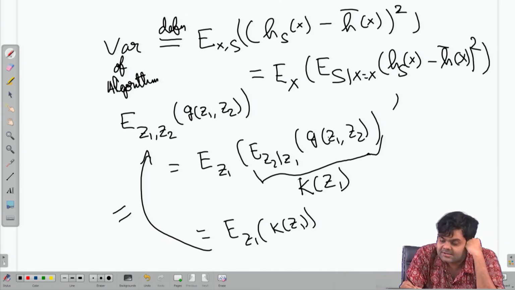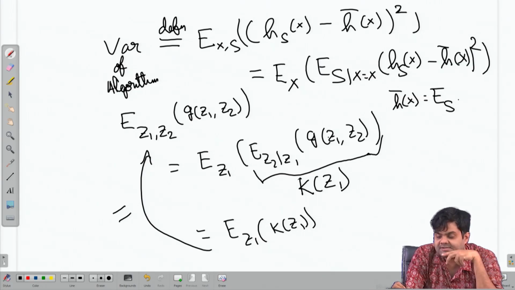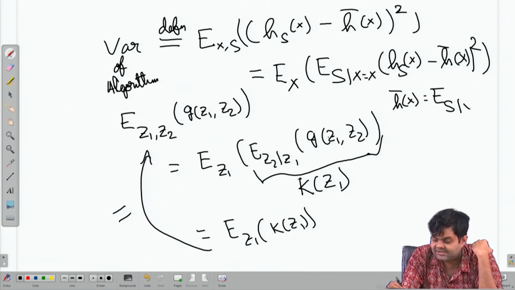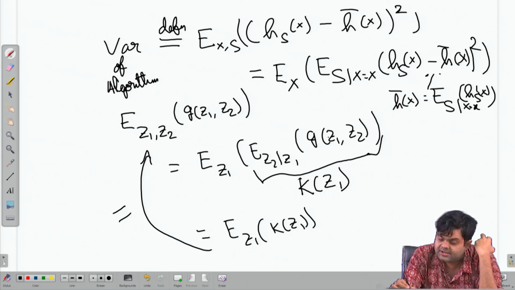But what is h bar(x)? h bar(x) is nothing but the expected value, when you keep x fixed, of h_S(x).